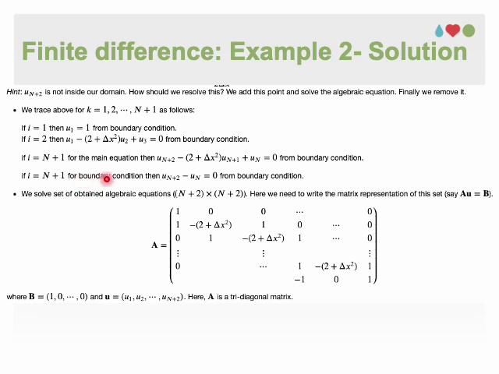One is for the main differential equation as shown here, and the other is for the differential boundary condition as can be seen in this line. The final linear system of algebraic equations can be written in the following n plus 2 by n plus 2 matrix form. In the next slide, I will provide a simple Python code to solve this problem.